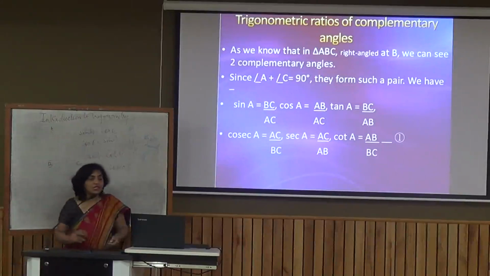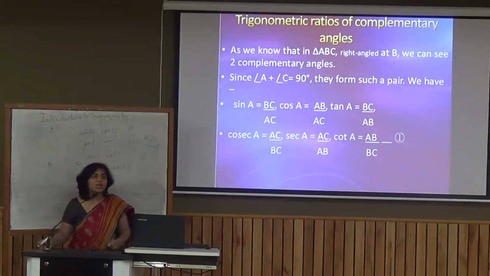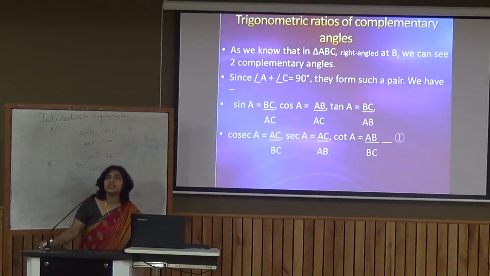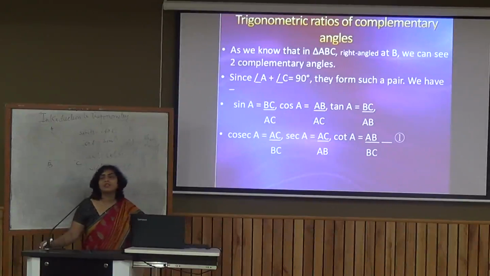So as the name says, sine, cosine, that "co" is for complementary. Cosine is complementary to sine, cotangent is complementary to tangent, and cosecant is complementary to secant.